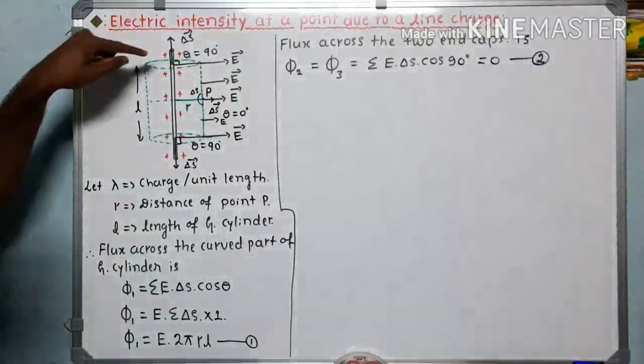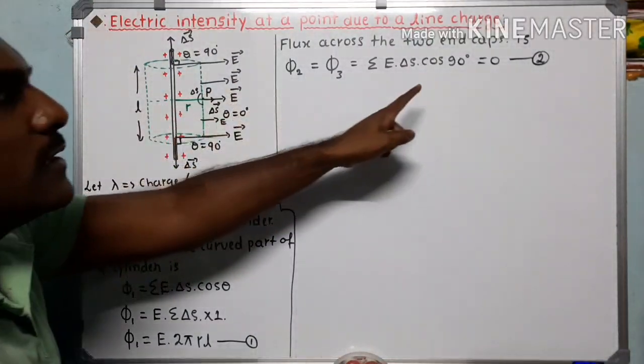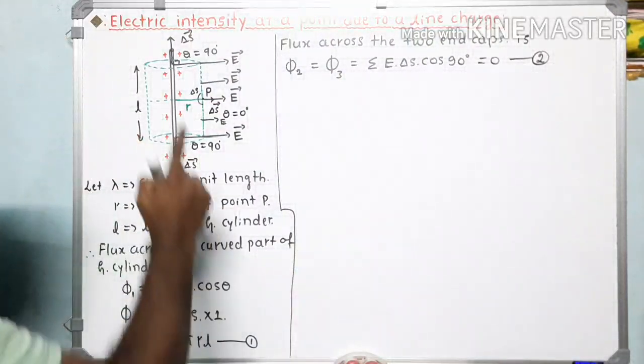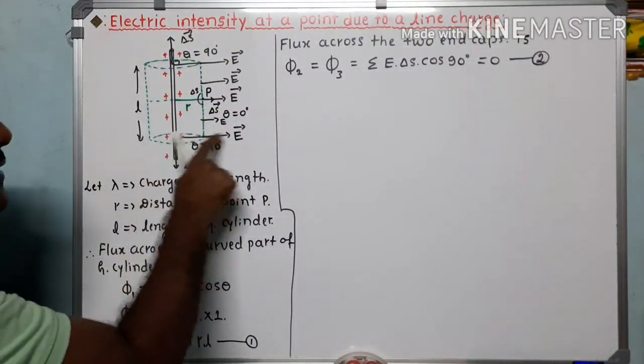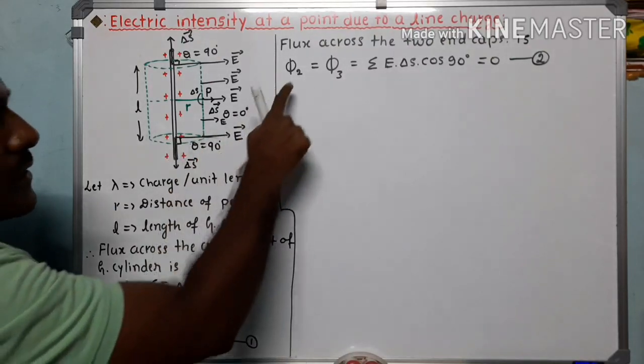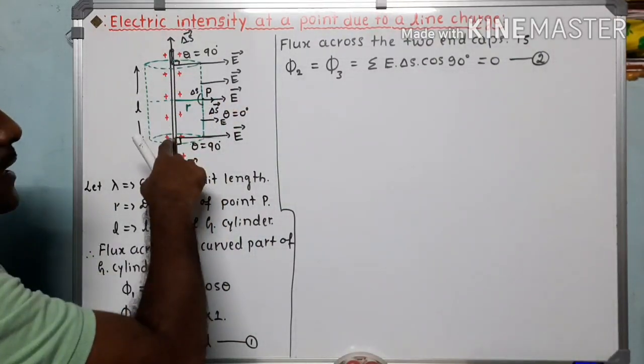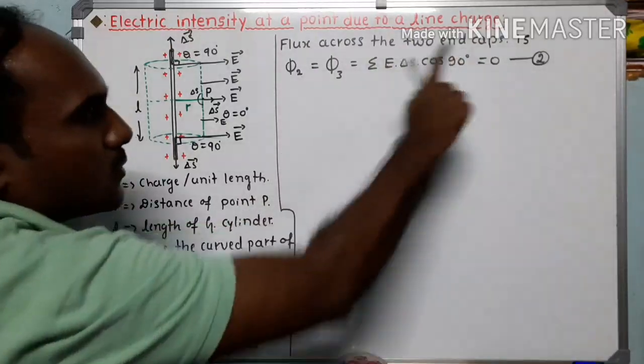That is, flux through the two end caps is always 0. Why is it 0? Because the angle between area vector and electric field vector is 90 degree. That's why flux through the upper end cap and lower end cap is 0.